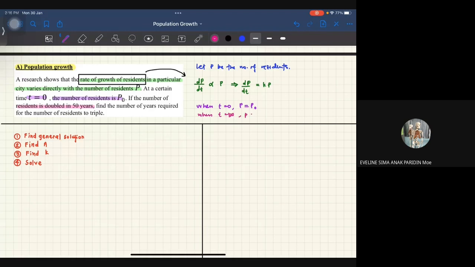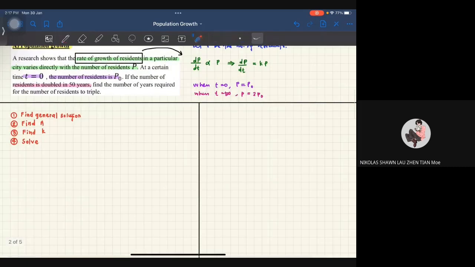Population sama dengan apa? 2P naught. 2P naught, betul. Sebab dia kata double of the original adalah P naught, so double adalah 2P naught sahajalah. Settle. Okay, so these three are the information given by the question. Okay, good. Alright, so let's continue.